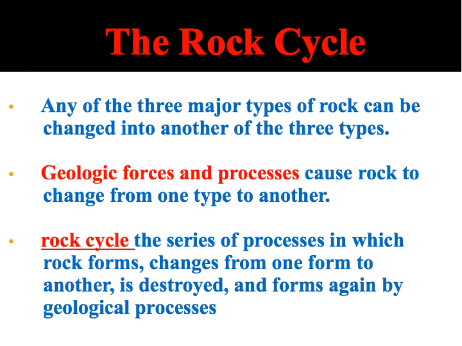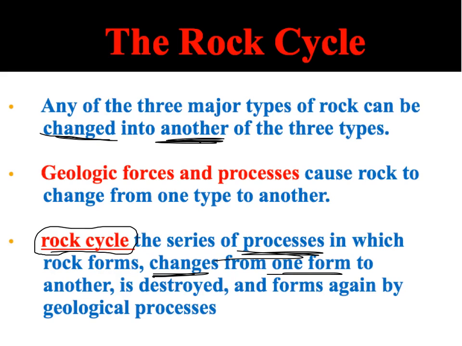Now these 3 types of rocks can all be changed from one to another. They're interchangeable. They get changed from one form into another form. And this is called the rock cycle. Alright, the rock cycle is all these processes which change the rock from one form into another.